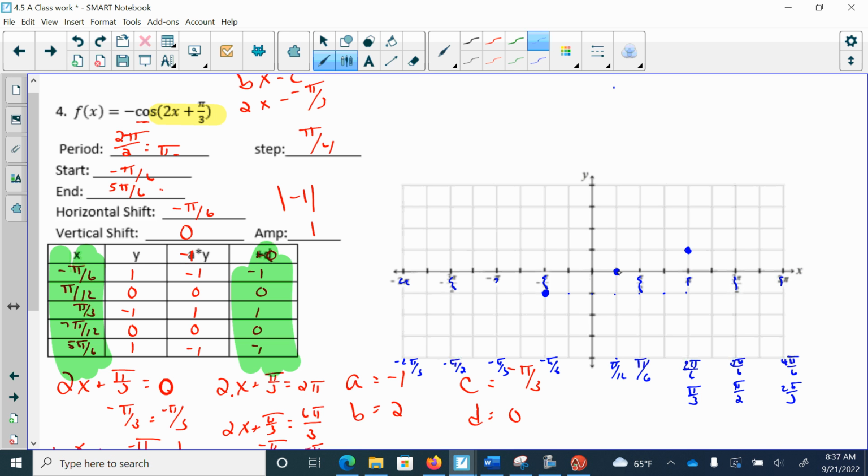I'm going to make these dots bigger. And then I'm going to do 7 pi over 12, which would be here, 1, 2, 3, and that's going to be 0. Then I do 3 more lines, so 1, 2, 3. So put it down here.